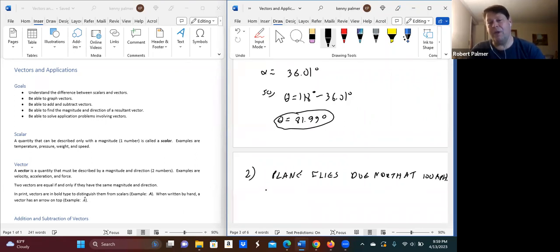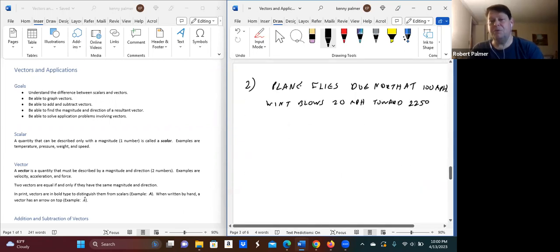Then we have a wind that blows, let's say 20 miles per hour, toward 225 degrees.